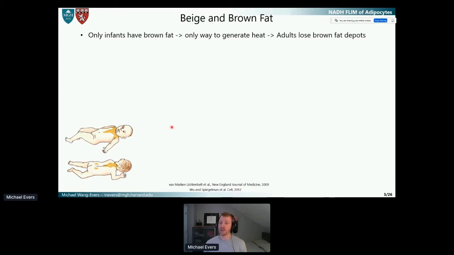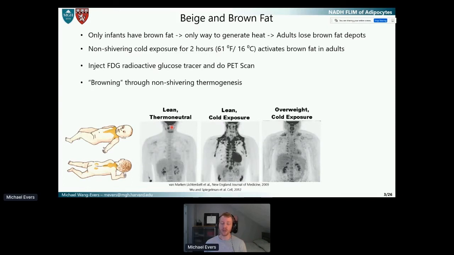Once we get older and we learn the ability to shiver, people thought adults lose all of their brown fat depots. However, there was a paper in 2009 that showed if you have a normal adult human lean person and put that person into a PET scan after injecting a radioactive glucose tracer, these areas where the brown fat is supposed to be don't take up the glucose, so there's no increased activity.